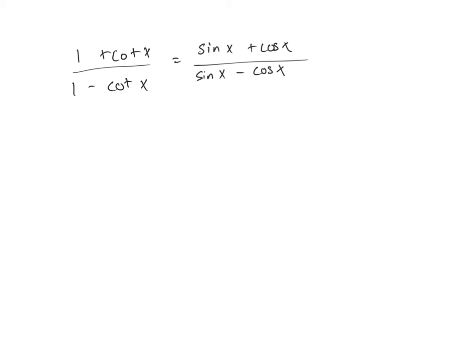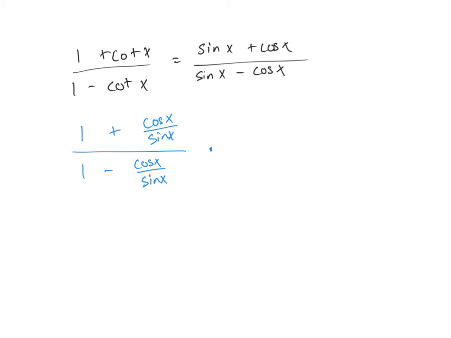So first things first, I know cotangent is equivalent to cosine of x over sine of x. I'm going to rewrite that as 1 plus cosine of x over sine of x, and then 1 minus cosine of x over sine of x. I'm going to multiply everything by sine of x.